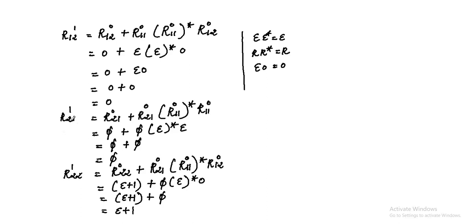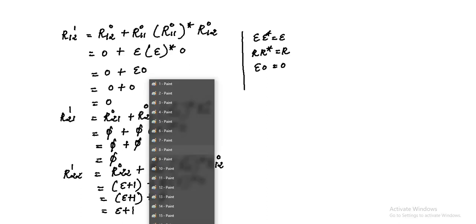Here the i value is 2, the k value is 1, raised to the power 0, because k minus 1 is 0, into r_kk raised to the power k minus 1, with k value 1, 1 raised to the power 0, whole star. Next r_kj, where the k value is 1 and the j value is 1, raised to the power 0.